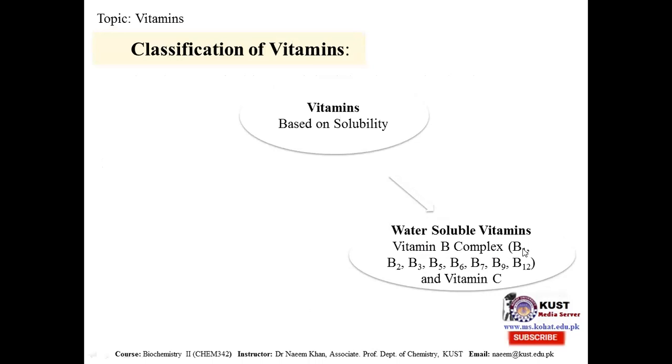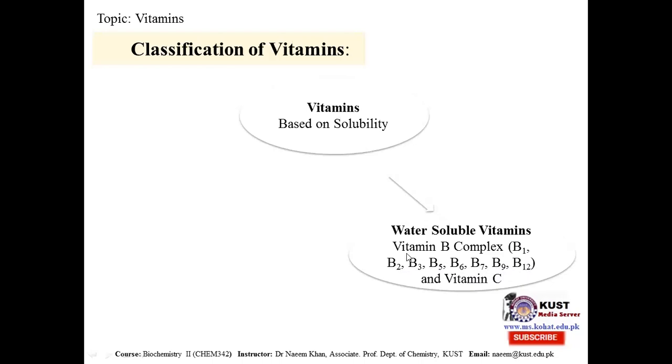And in vitamin B complex, we have B1, vitamin B2, vitamin B3, vitamin B5, vitamin B6, vitamin B7, vitamin B9, and vitamin B12. Actually, if we look thoroughly, there is B4 missing and B8 missing, 10 and 11 missing. Otherwise, they are from 1 to 12. 4, 8, 10, and 11 are missing.